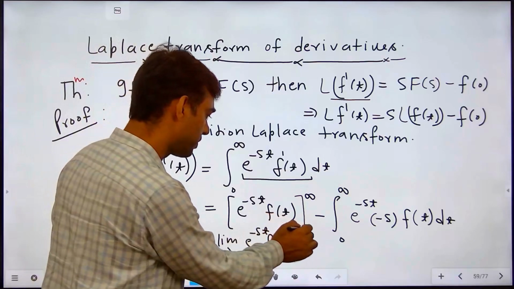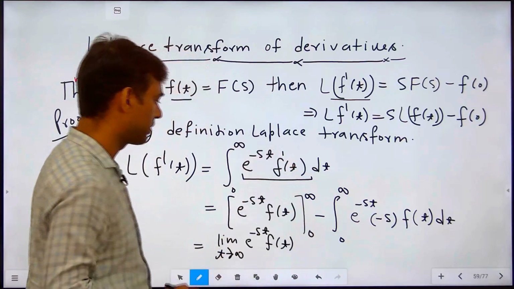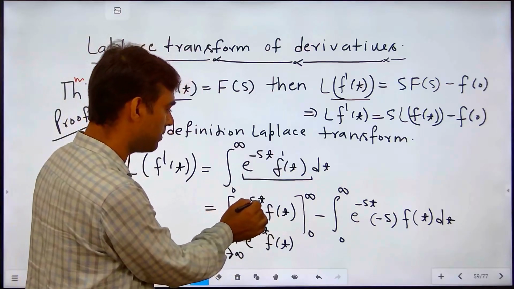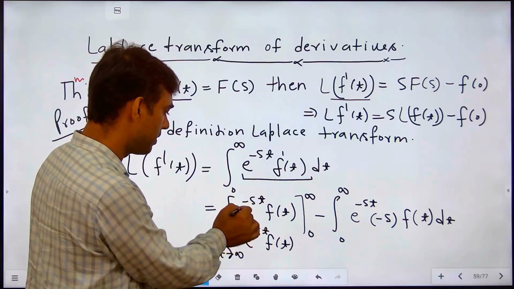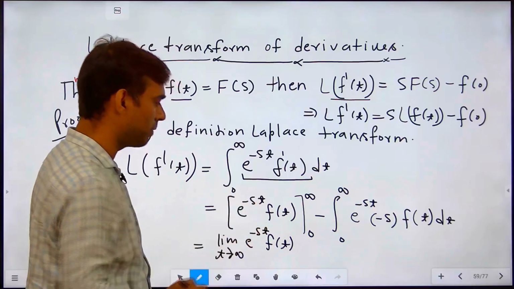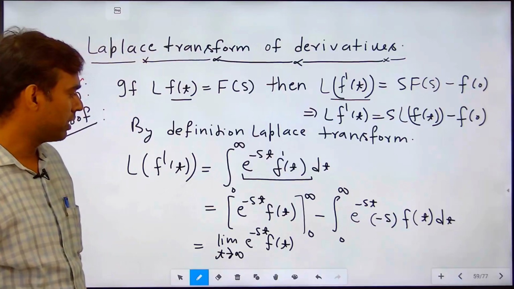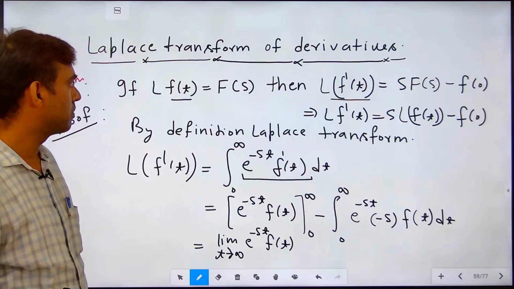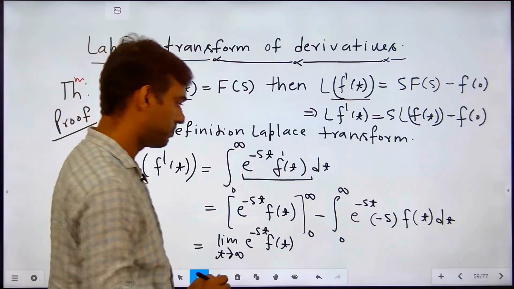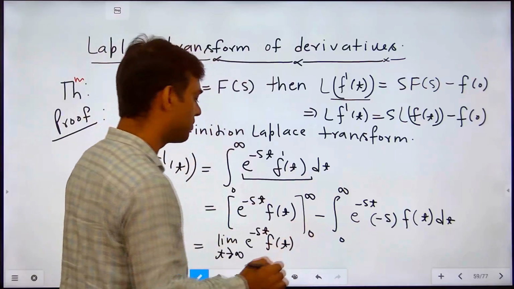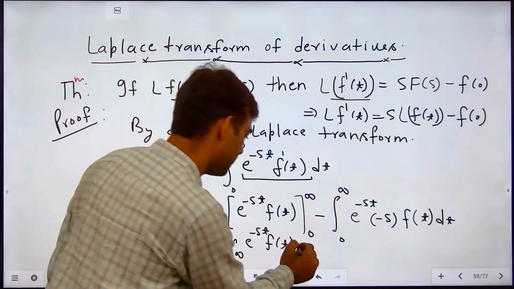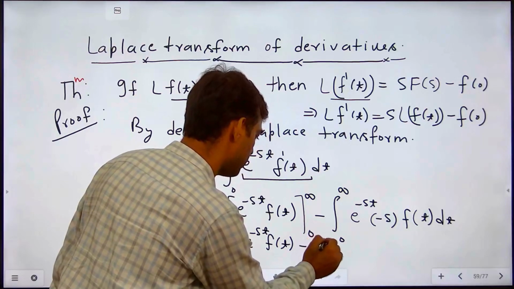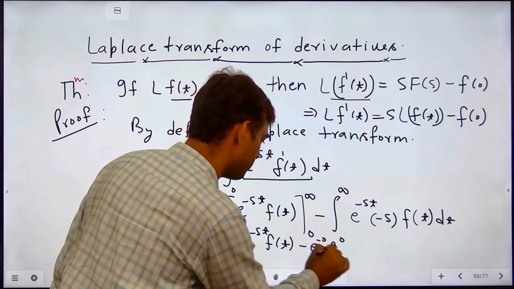And if we put the lower limit, e to the power minus s times 0 means e to the power 0, which is 1, times f(0).